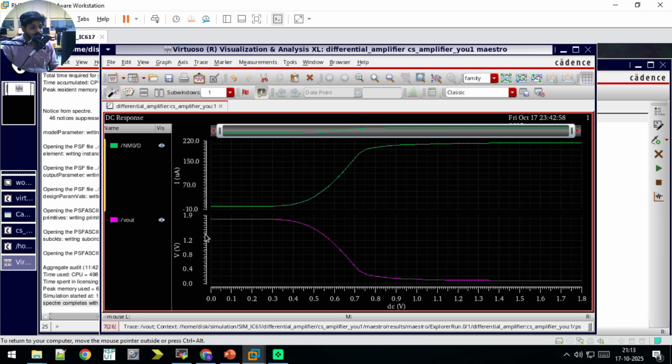Yes. So V output, to some extent, will be given by the value of VDD. When V input crosses the threshold voltage, from there V output is going to fall, and it will come to the low level. Here we have to remember that the low level should be right. It won't become 0. So we are able to see that low level.